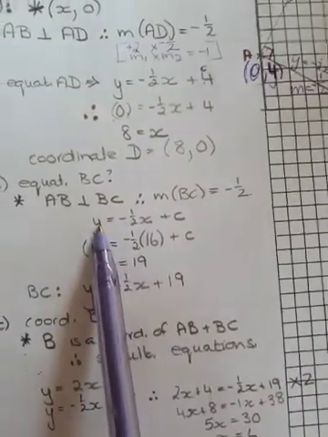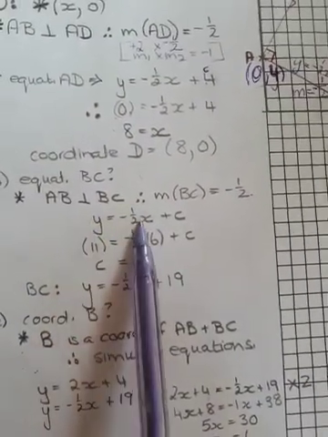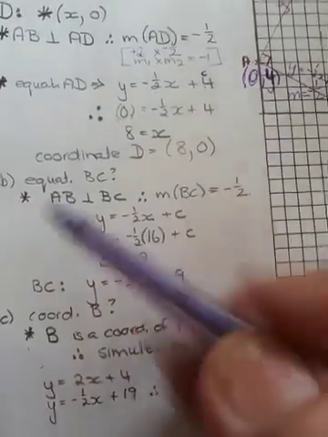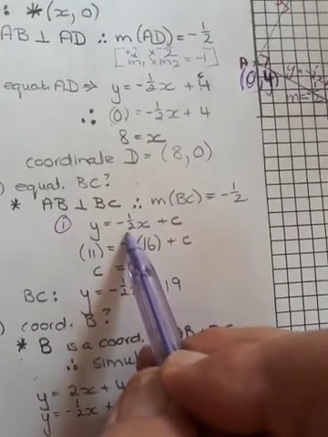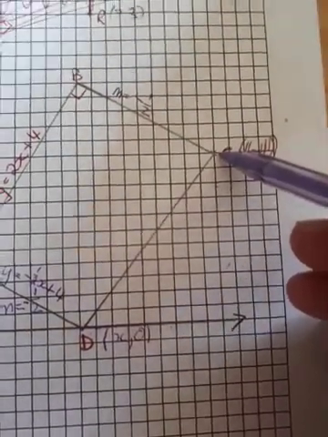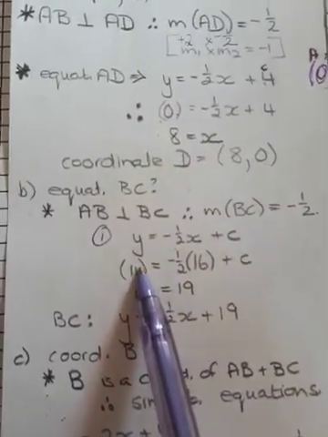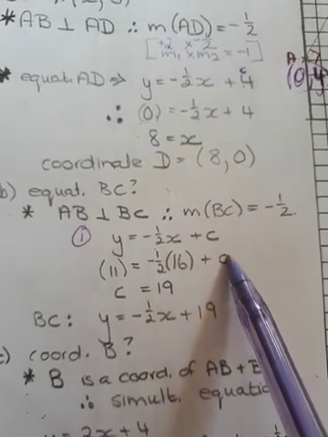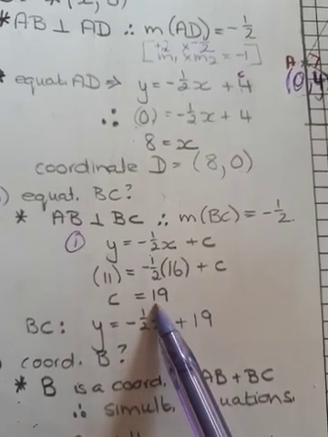So you can now substitute your gradient into your formula, y equals mx plus c. You have got the gradient. That is step one, as we usually do, substitute the gradient. Then you also have point C. So you've got a coordinate, which means you are now going to substitute the y value and the x value for you to calculate c. And if you do this calculation, you find that c is 19.